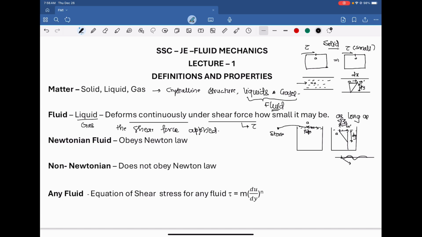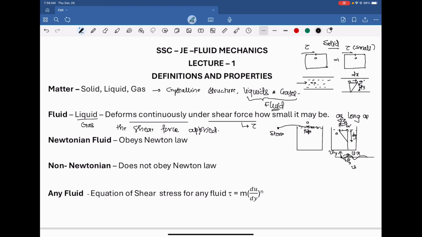The stone is not going to hit exactly parallel to the surface. It will hit at an angle theta, and this is the velocity of the stone. This velocity will have a horizontal component Vx and a vertical component Vy. Due to this horizontal component and vertical component of the velocity, velocity is nothing but force.